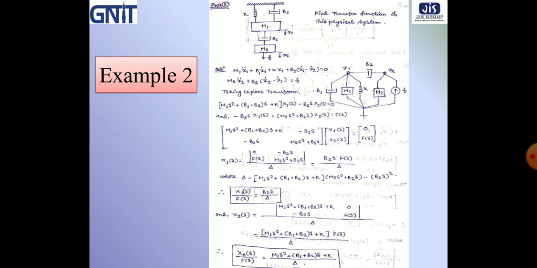Like this way you have to connect K, that is the spring, and the force is connected in between x2 and the reference point, and the direction of force will be the direction of x2. If we apply force from left to right, then the displacement of the mass will be from left to right.